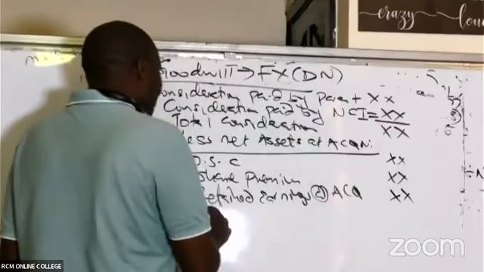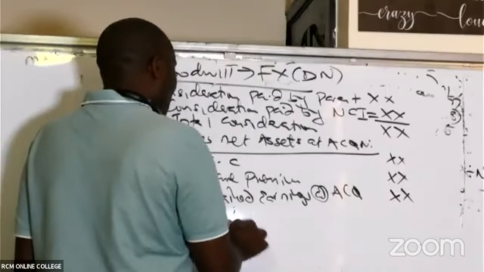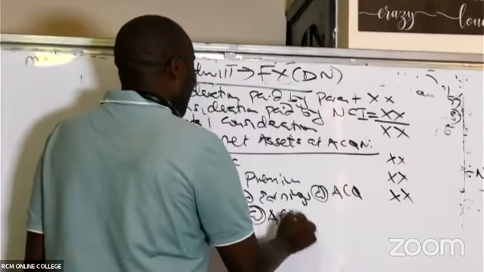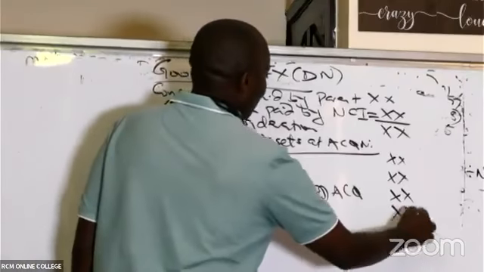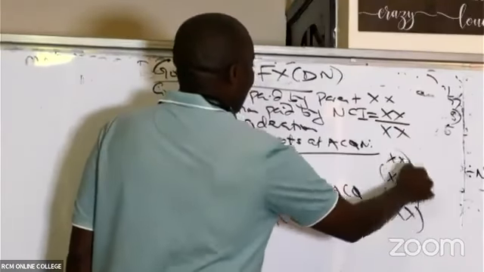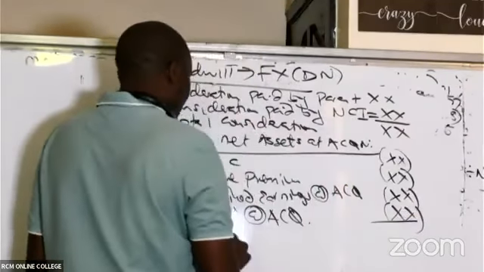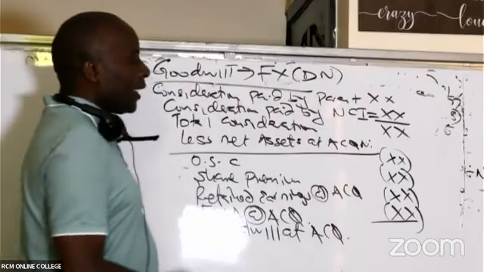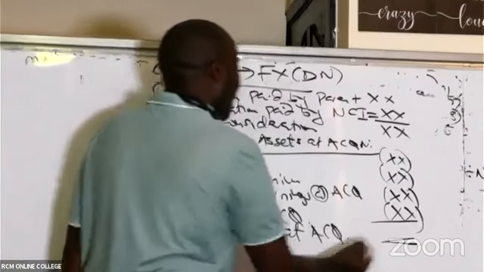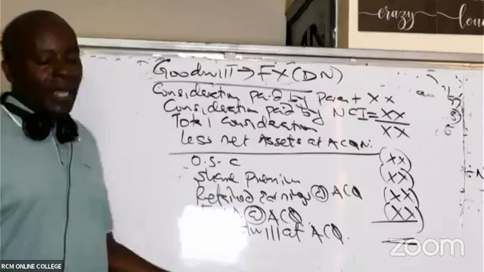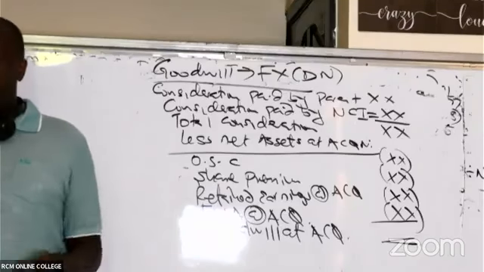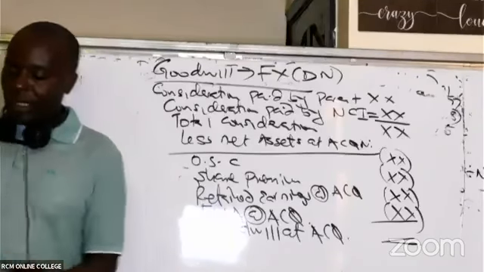Then we have fair value adjustment, again at acquisition, you put a figure there, you deduct like that, and then you're able to get what we call goodwill at acquisition, which you'll be able to impair. And then you proceed.